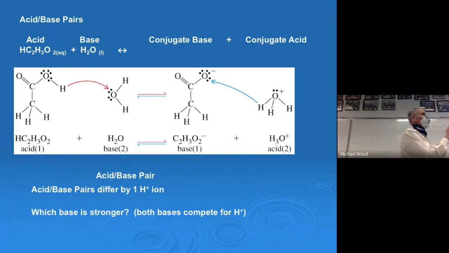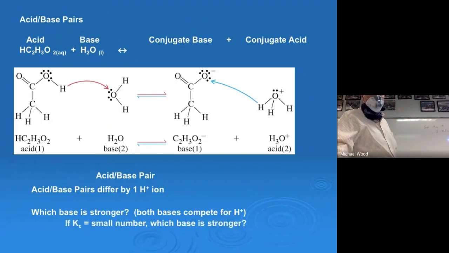So weak acids produce stronger bases. So the question here, which is a stronger base, water or acetate? The answer is acetate. Again, this is something we'll talk about more as we go through this chapter. If Kc is a smaller number, which base is stronger? That's what I was just saying: the conjugate base of a weak acid is a stronger base than water.